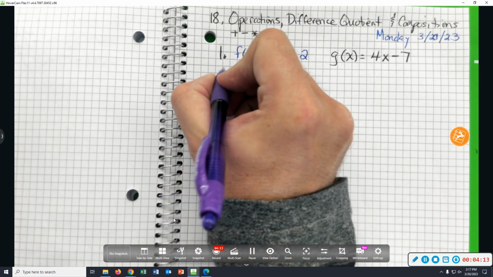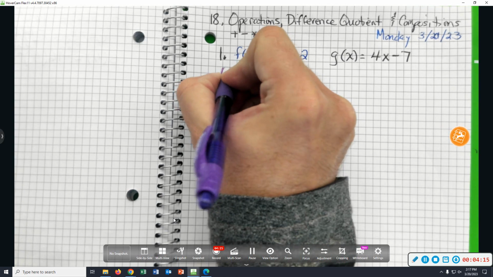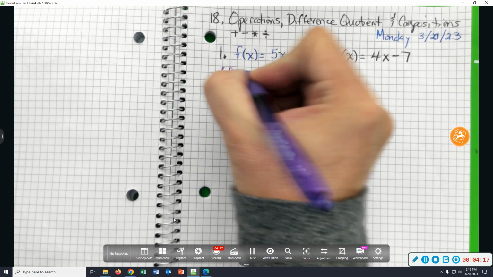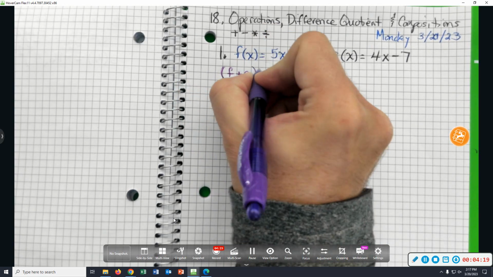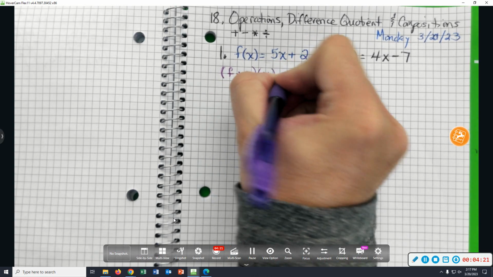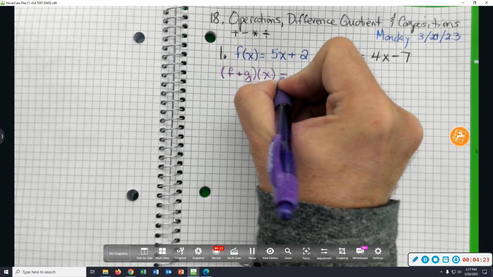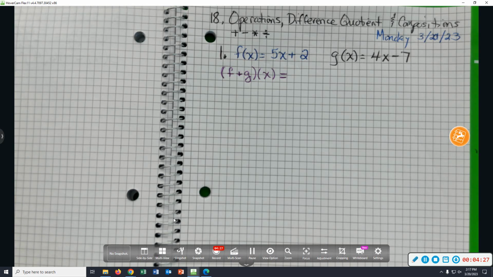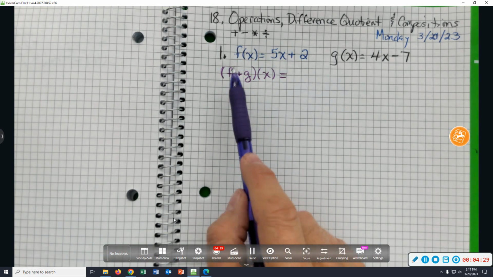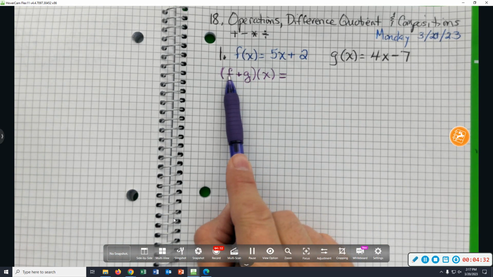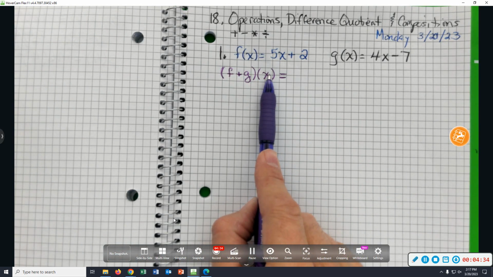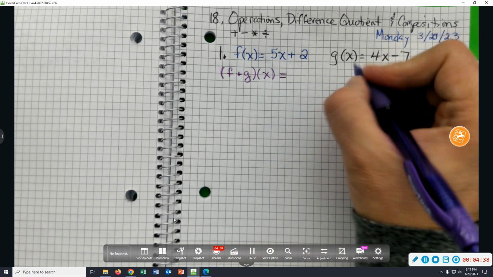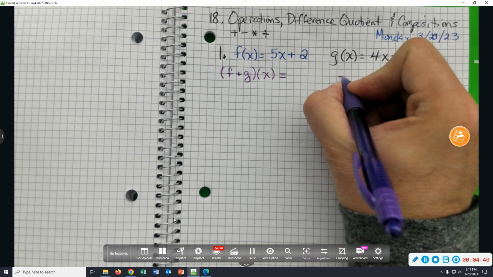So the first thing is f plus g. Look at how it's written. f plus g is in parentheses, and then the x. f plus g of x. Well, that just means add and write down f of x and write down g of x. I'm going to put the purple plus right here.